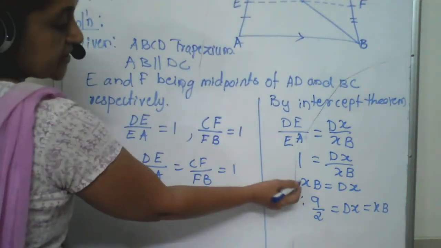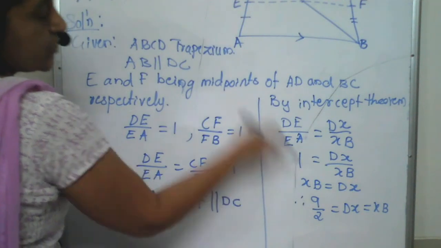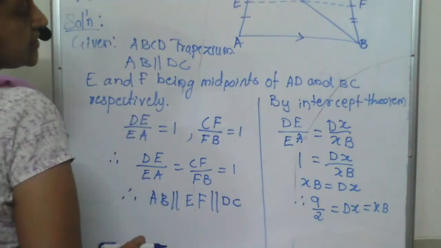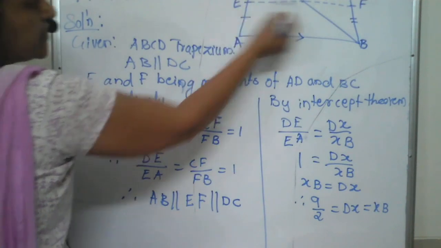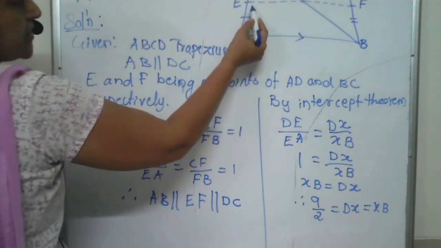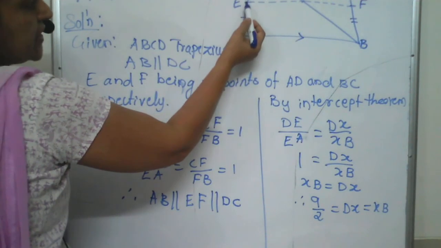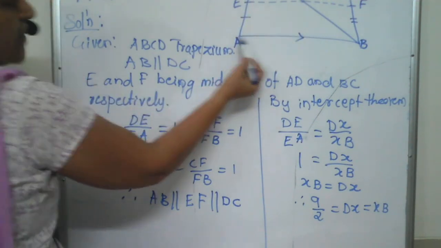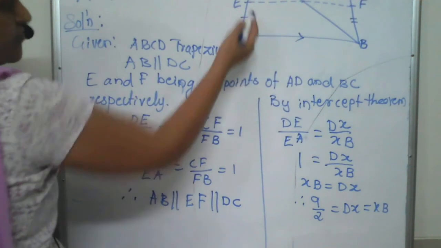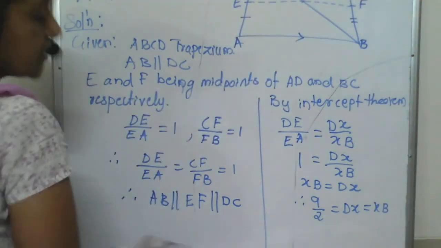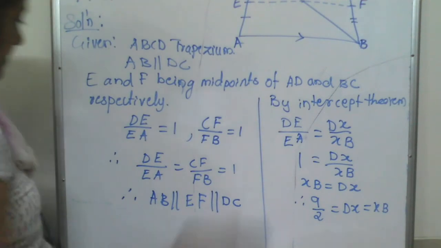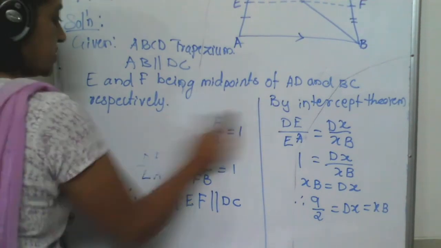We have proved this here also, but I wanted you to understand by this. If this is the midpoint and this is the midpoint, the line segment joining E and X is parallel to this and half of this. Parallel we already proved, but half of this is by the midpoint theorem.